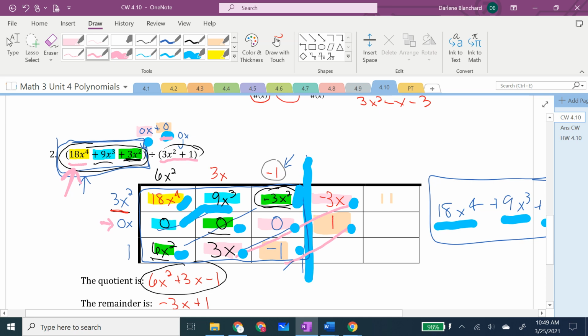And then if you set it up where your divisor accounts for every degree, and you put your leading term of what you're dividing there, from there it should just flow. And it'll line itself up as it needs to. And, well, there we are.